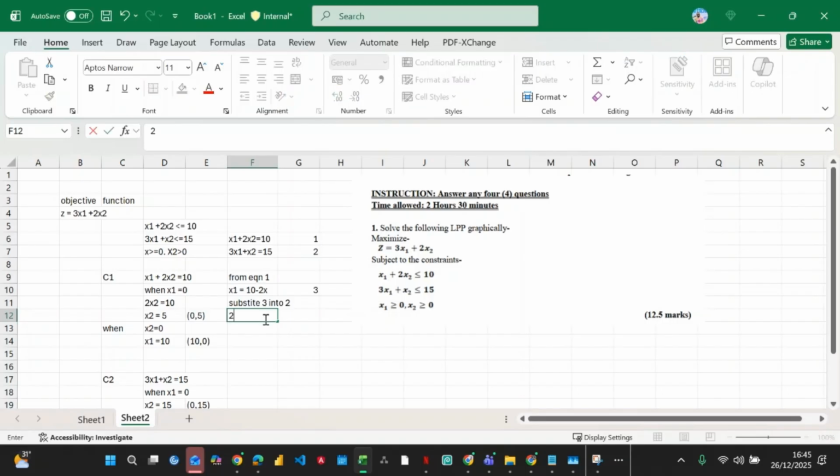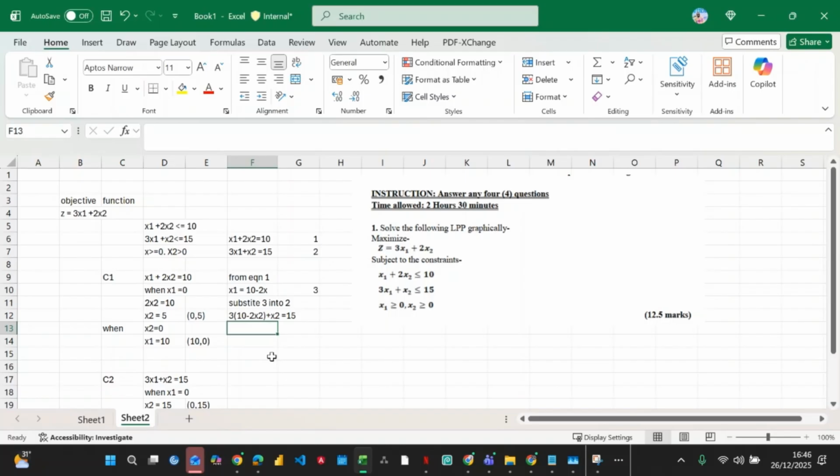So what we now have is, where it is our equation 3, we already have our x1. So our x1 now is going to be what? 10 minus 2x2, right? Close the bracket and then plus x2 is now equals to 15.